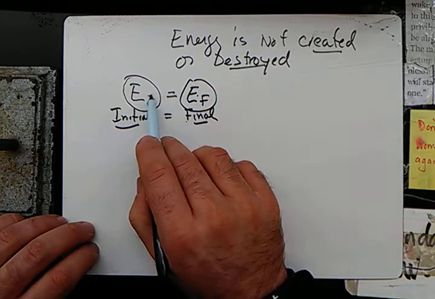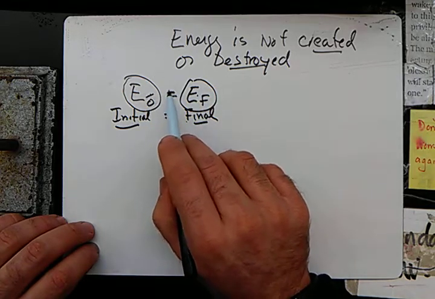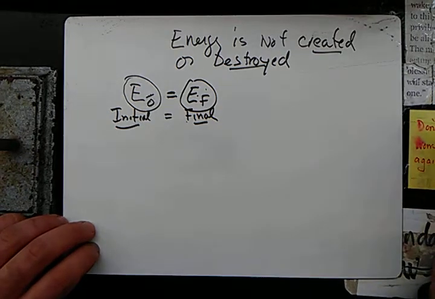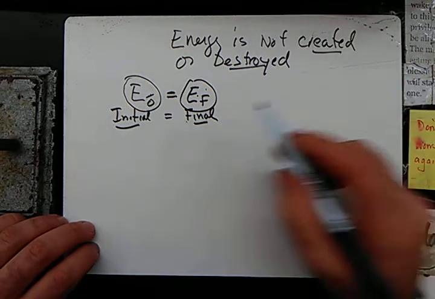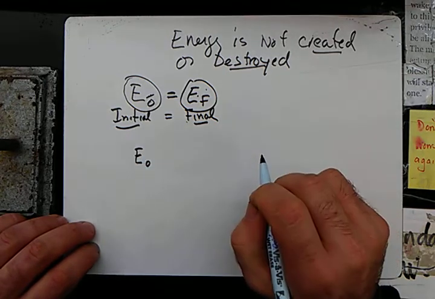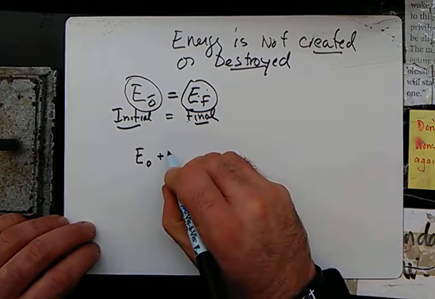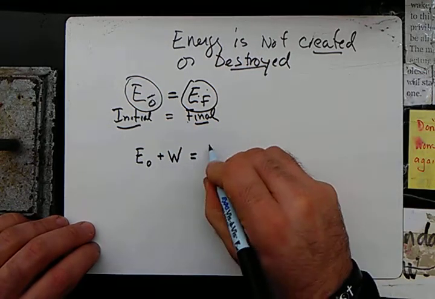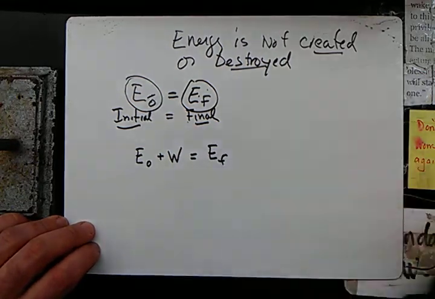If we have a piece of uranium here and we just let it sit there for an hour, it's still going to be just a piece of uranium. But if we add something to it, so let's say I take this, energy in plus the work that it produces is equal to the energy final.